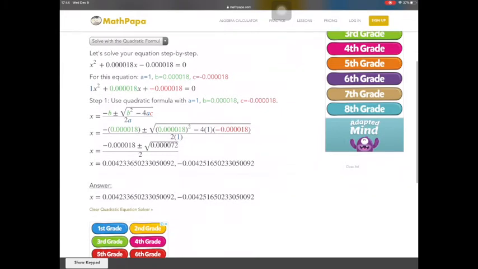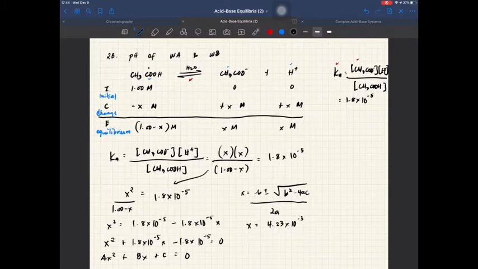Okay, using the quadratic formula calculator, we get a value of x that is equal to 4.23 times 10 to the negative 3. Since x is equal to the hydrogen ion concentration, the hydrogen ion concentration is also equal to 4.23 times 10 to the negative 3 molar.